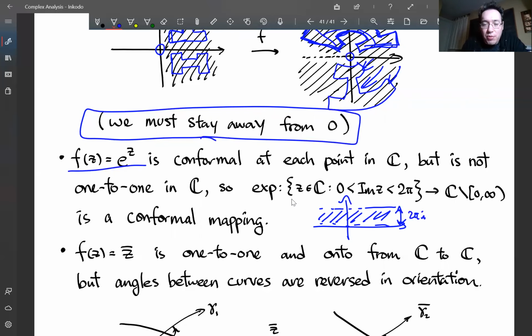So if you're working in this domain, then it's one-to-one. So now it's a conformal map. This conformal map will take this horizontal strip of height 2 pi and map it to everything except for the positive real axis. So it will get all the arguments between 0 and 2 pi.